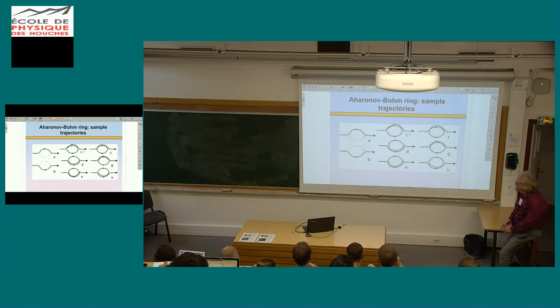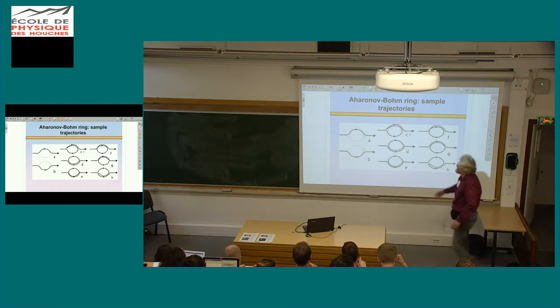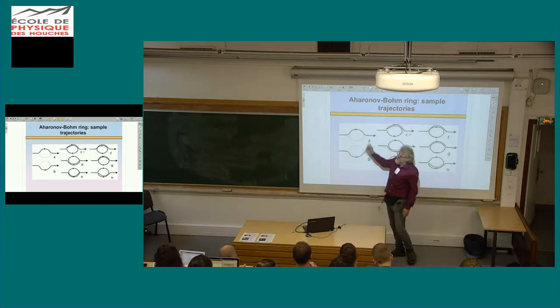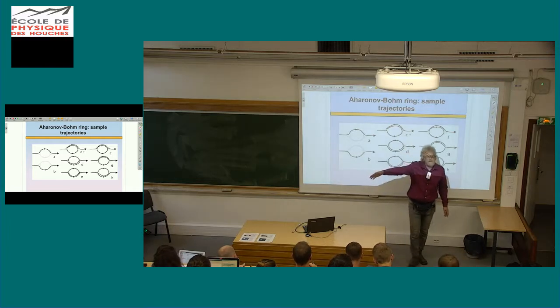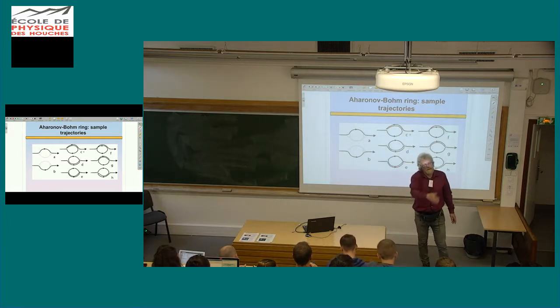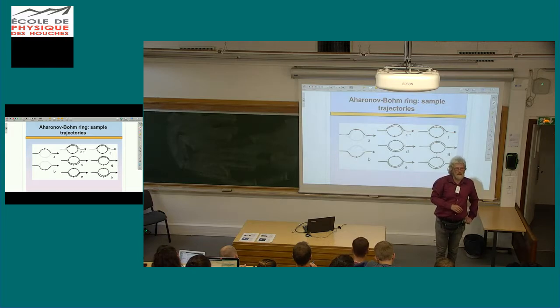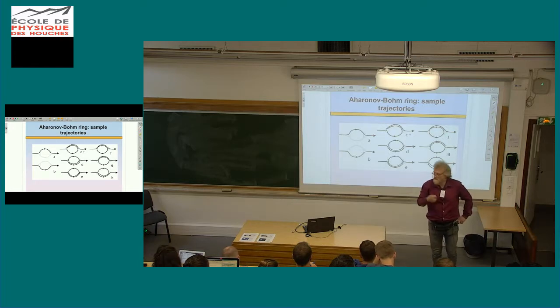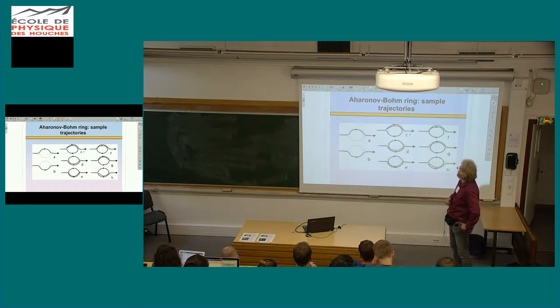Let us consider different trajectories, the simplest ones. Here A corresponds to the path in the upper arm, B corresponds to the path in the lower arm. They do interfere. They provide conductance which oscillates with Aharonov-Bohm flux.